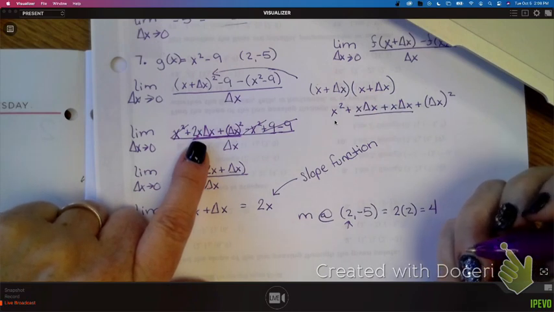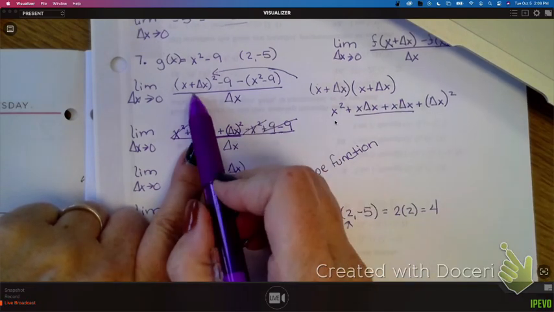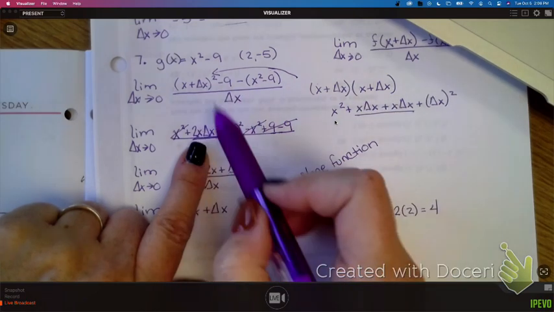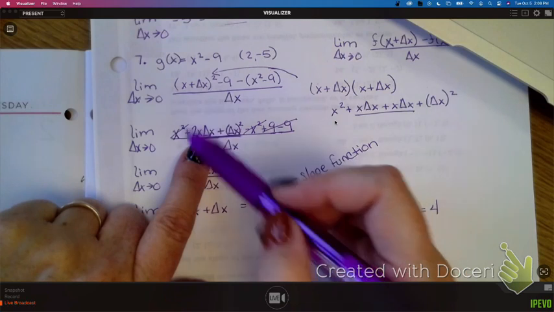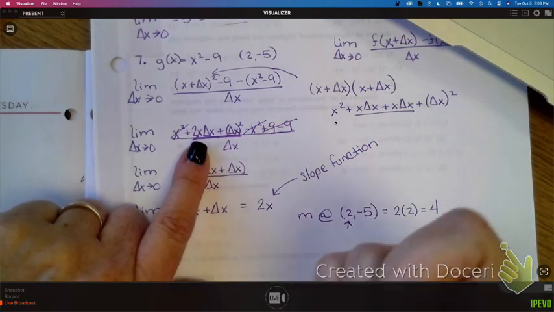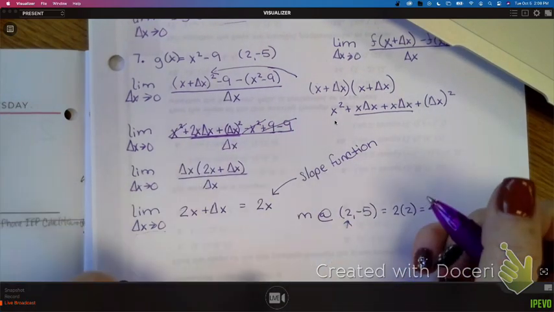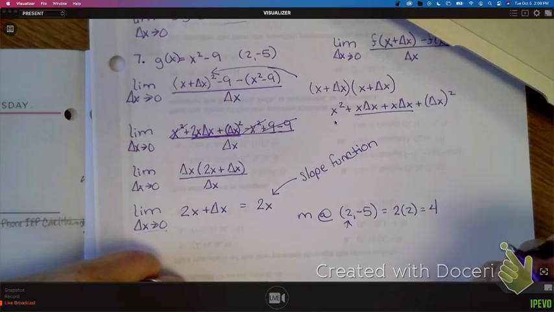Guys, this foiling should be getting in your head, because we're going to do it so often. So from that, how did we get to change of x in parentheses 2x plus change of x? What happened to change of x squared?